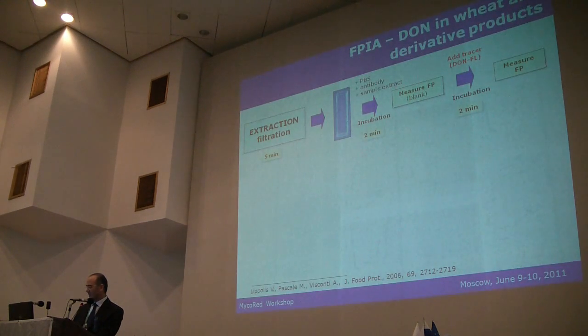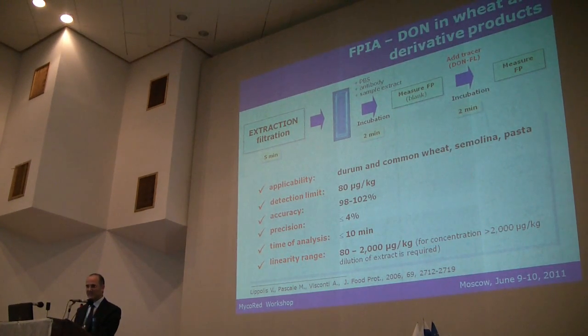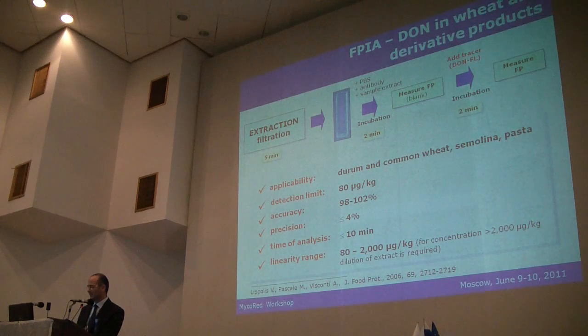We have developed a good method for the determination of deoxynivalenol in wheat and wheat-based products. And the detection limit of this method was 80 ppb. The recovery is very good because no cleanup of extract is necessary for this immunoassay. The time of analysis was less than 10 minutes.